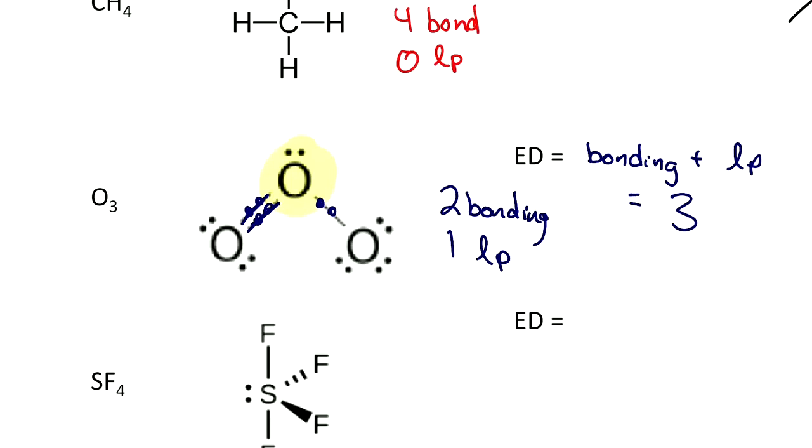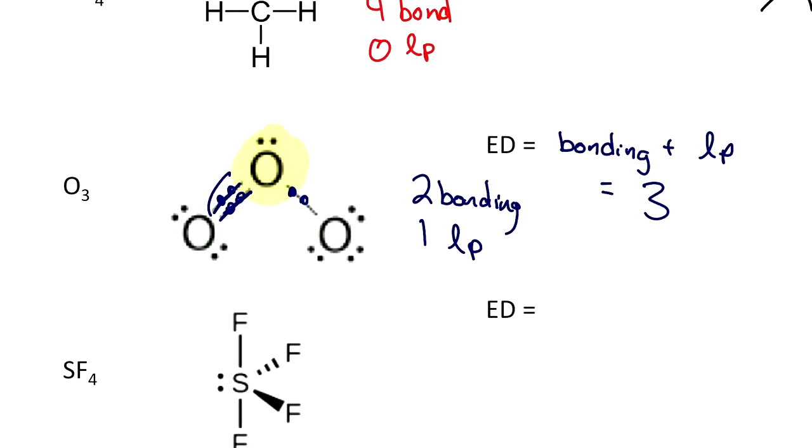All right, so the idea here is when we count bonding domains, a single bond, a double bond, and a triple bond, they all count as 1. And it's because in those bonds, all those electrons, they remain in the same domain, in the same place. All right, so these 4 electrons, they travel together. So since they travel together, they're going to move as a pack within our electron domain geometry.